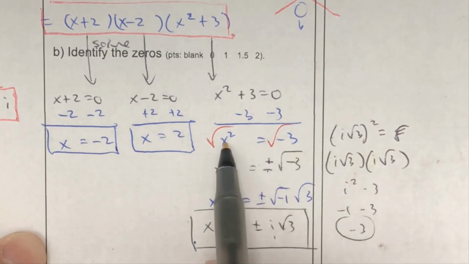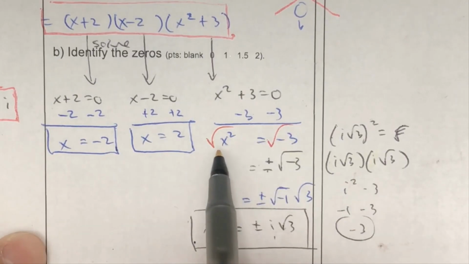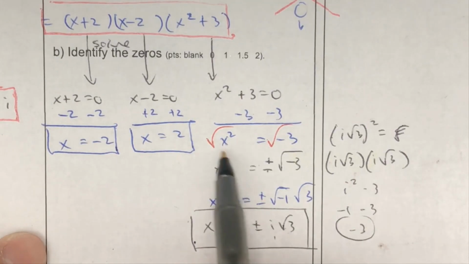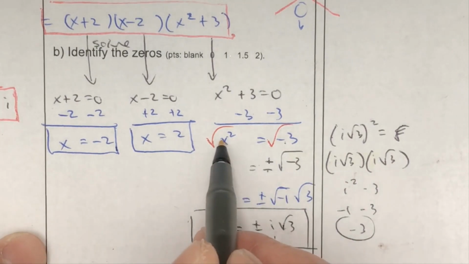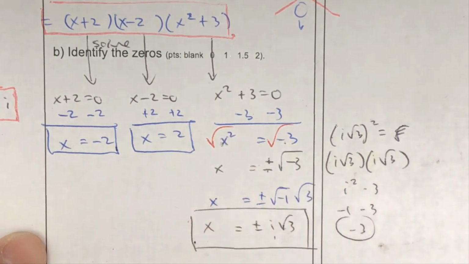So that proves to you, not in the red, but if you put in positive i radical 3 or negative i radical 3, it'll equal -3. So there's two answers that you can put in for x. Squared will give you -3.